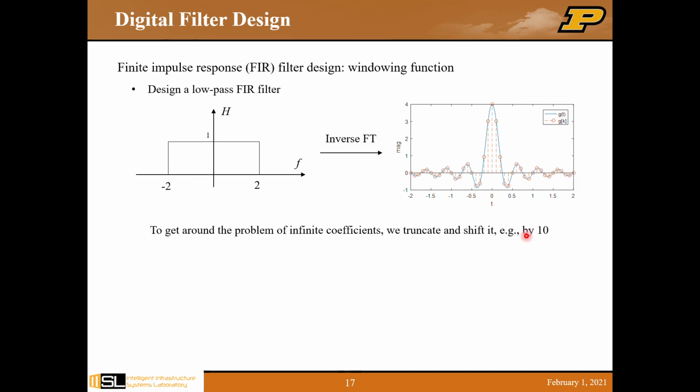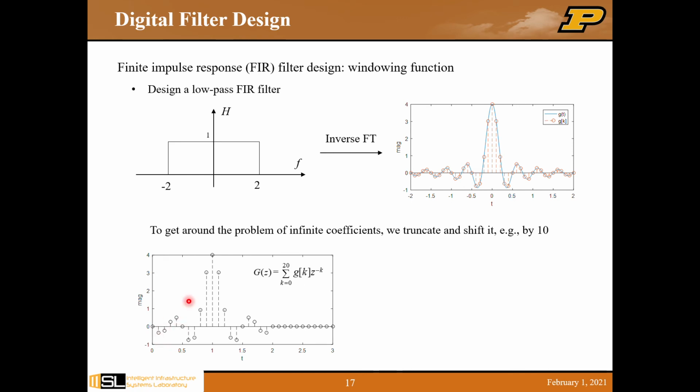And then we shift that to the right by 10 points. So this is the truncated and shifted impulse response. In here we have a total of 21 data points, and this is the representation of the truncated impulse response.